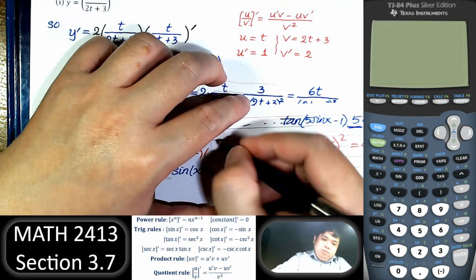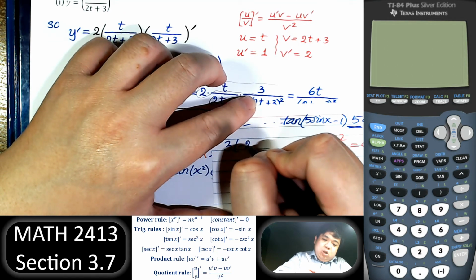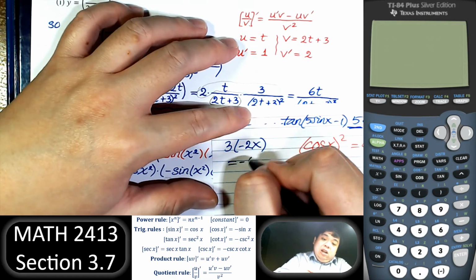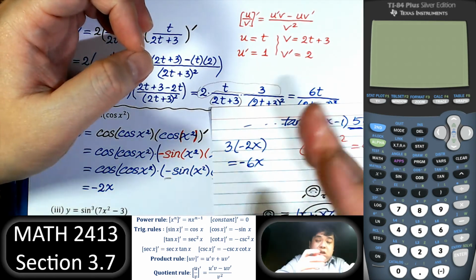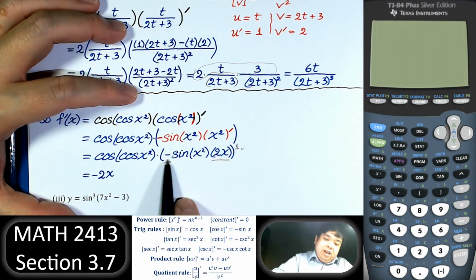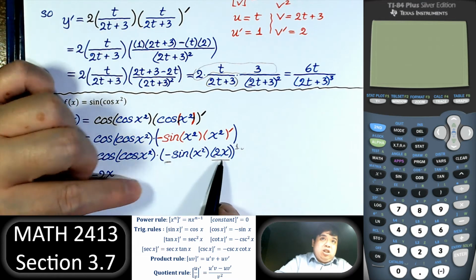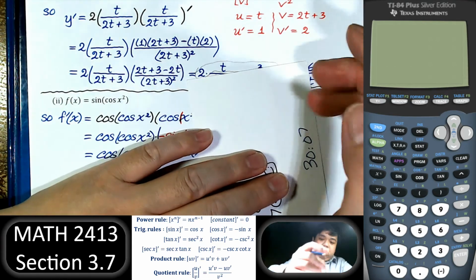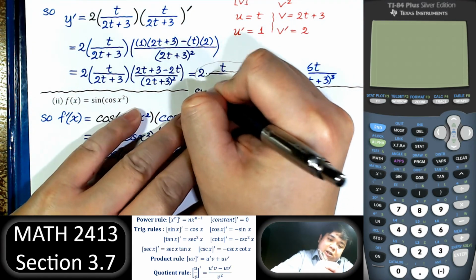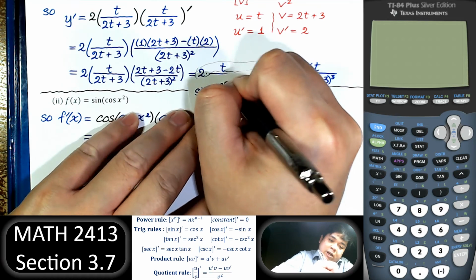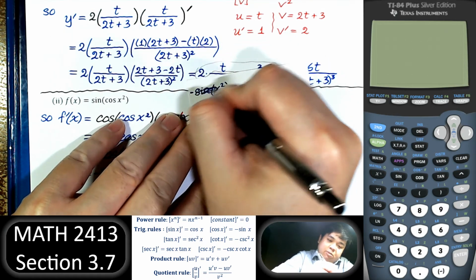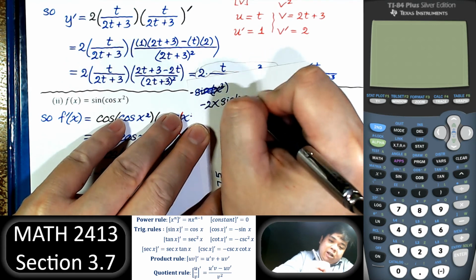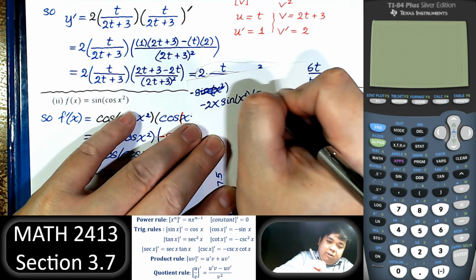Usually when we say something like 3 times negative 2x, it's better to just write negative 6x. Same reason. Or let's use a better example, like negative 2x sine of x squared, and then we have 5x cubed, for example.